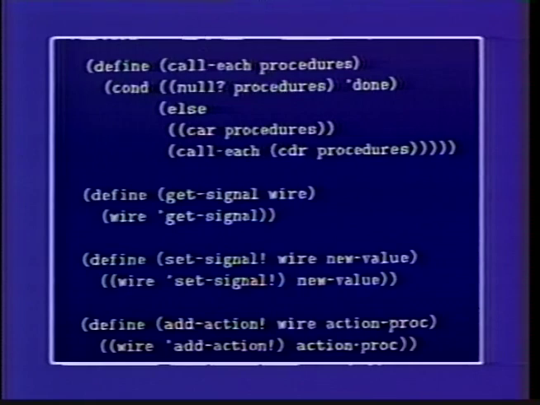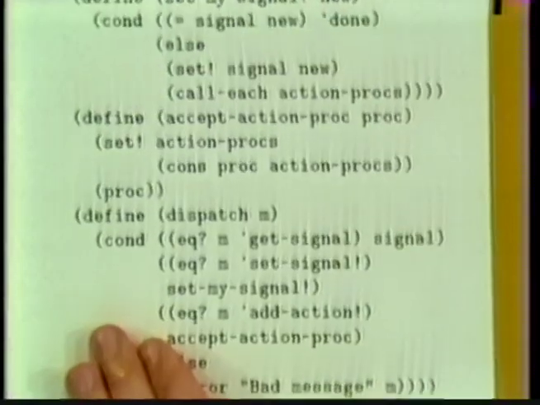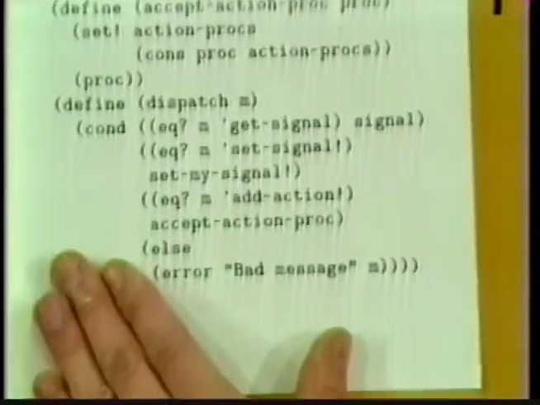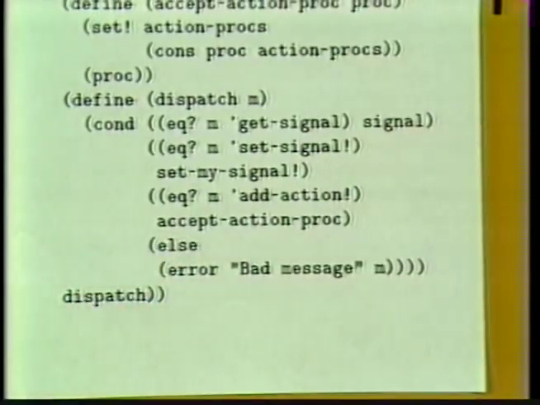If I want to set a signal, I want to change a signal, then what I'm going to do is take a wire as an argument and a new value for the signal. I'm going to ask the wire for permission to set its signal and use that permission, which is a procedure, on the new value. And if we go back to the overhead here, we see that if I ask for the method of setting the signal, that's over here.